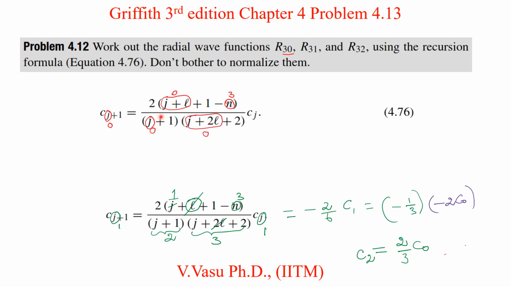In the numerator, 2 times (1 minus 3) is minus 4.